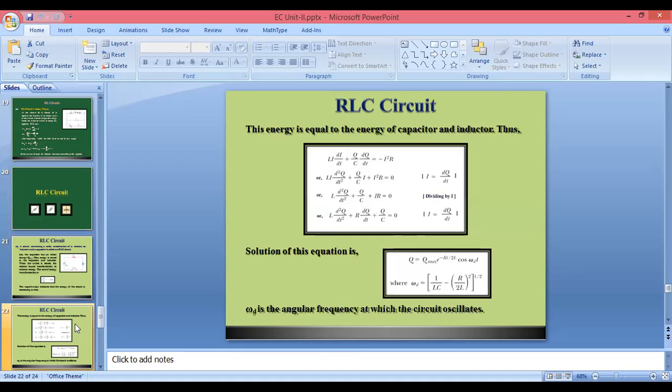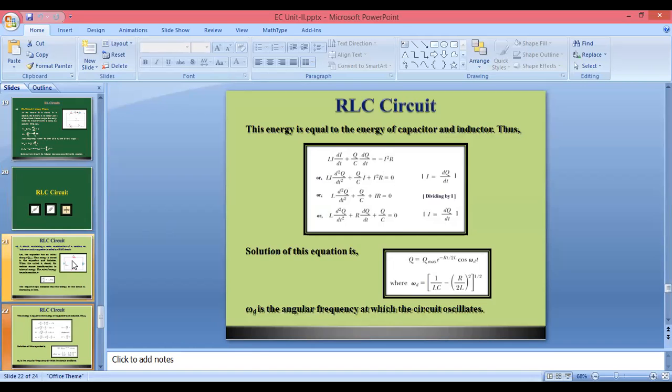Now we will see the equation. Here we have to calculate the energy which is flowing because of the capacitor and the inductor. Because of the inductor, it will be L i di upon dt. Because of the capacitor, the energy will be Q by C into dq by dt.